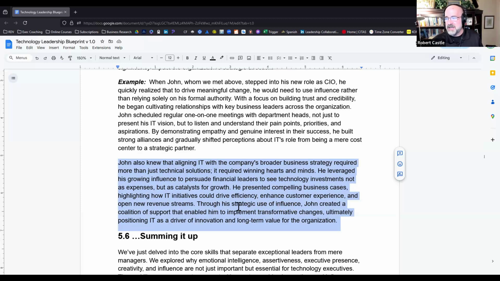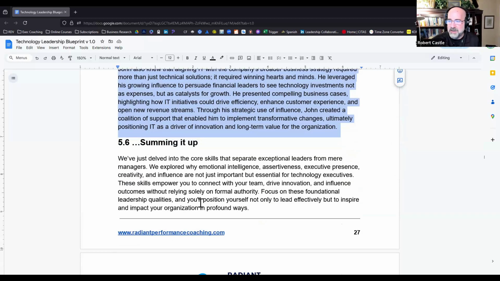He presented compelling business cases and highlighted how IT initiatives could drive efficiency, enhance customer experience, and open up new revenue streams. Through his strategic use of influence, John created a coalition of support that enabled him to implement transformative change, ultimately positioning IT as a driver of innovation and long-term value for the organization.